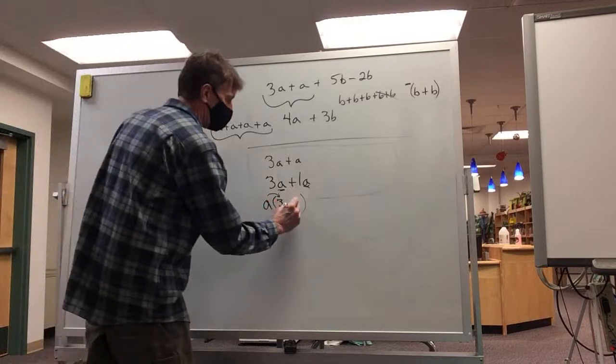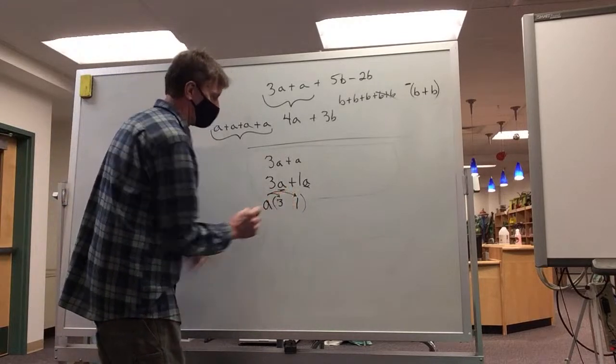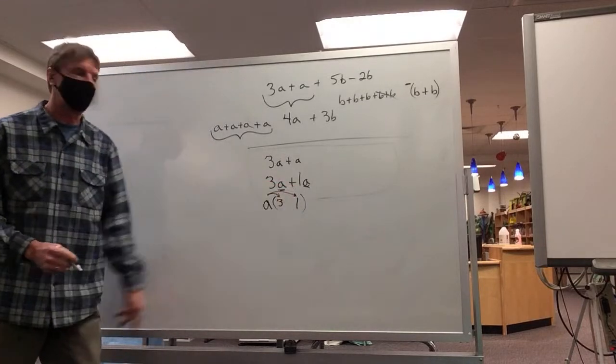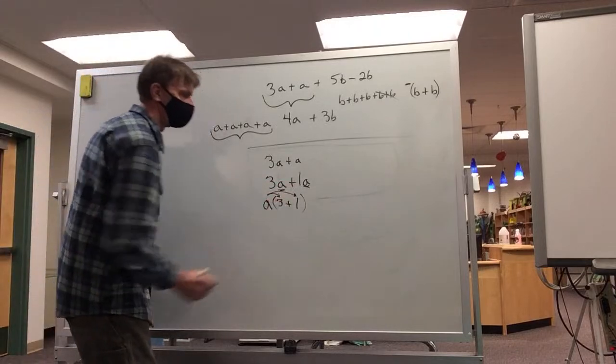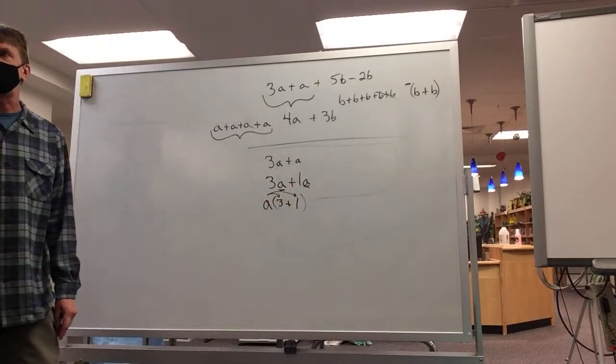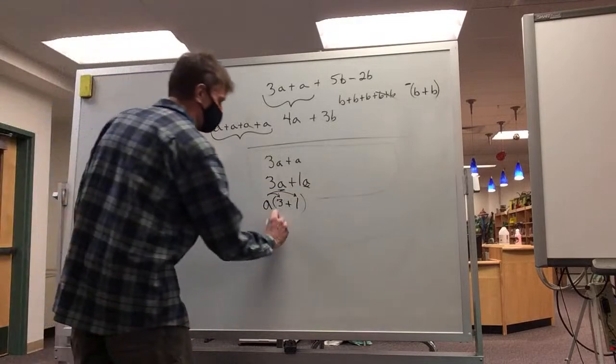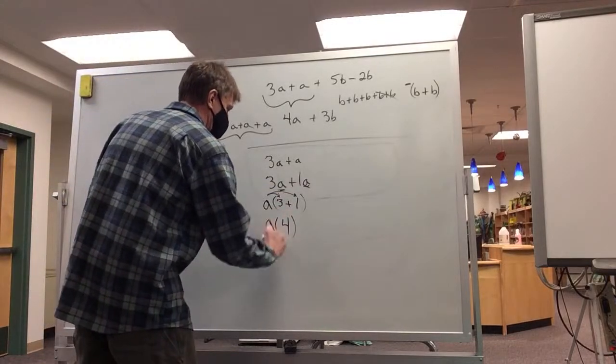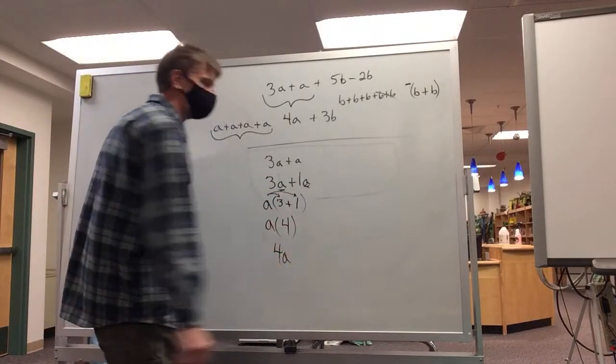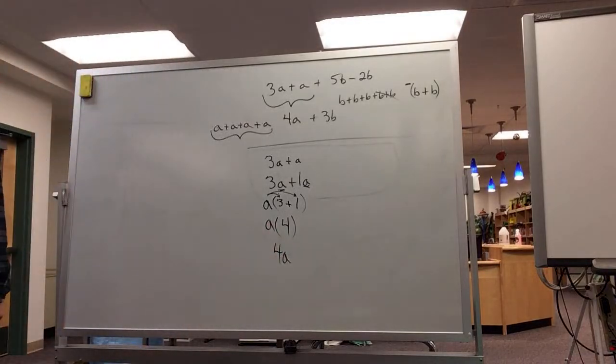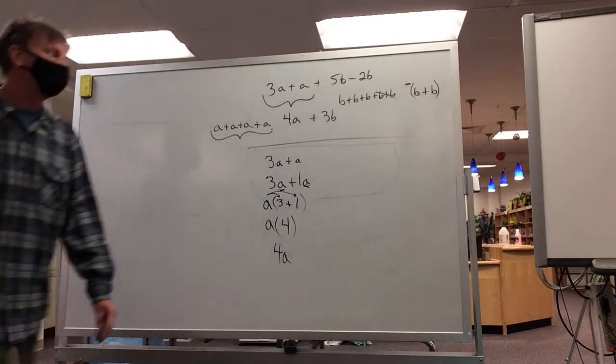And if I put a 1 over here, the a times the 1 would be the same as the 1a. So this is 3 plus 1 inside parentheses. Then we can add 3 and 1 equals 4 multiplied by a and just change the order of multiplication to call it 4a.